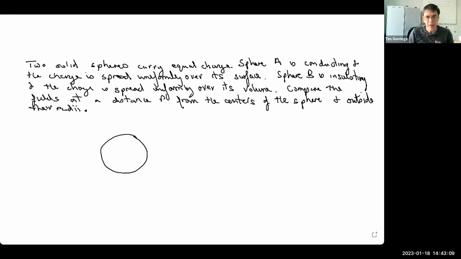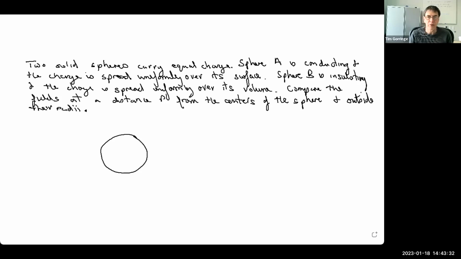Gauss's law is a simple and straightforward way of solving this problem, of comparing the electrical fields of the charged sphere and the insulating sphere, given their different charge distributions. It takes advantage of the symmetry of this situation.